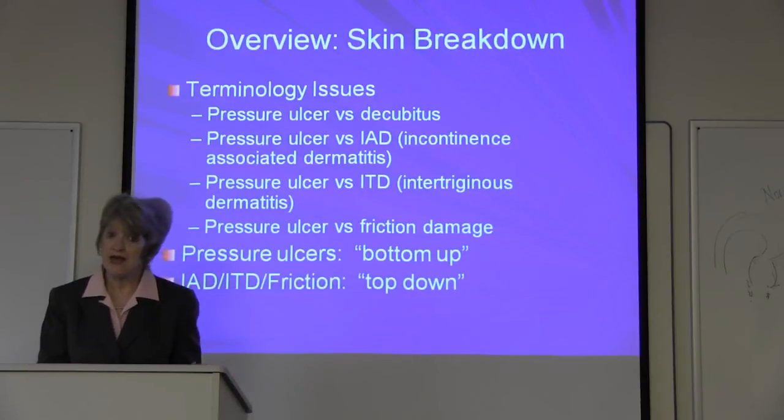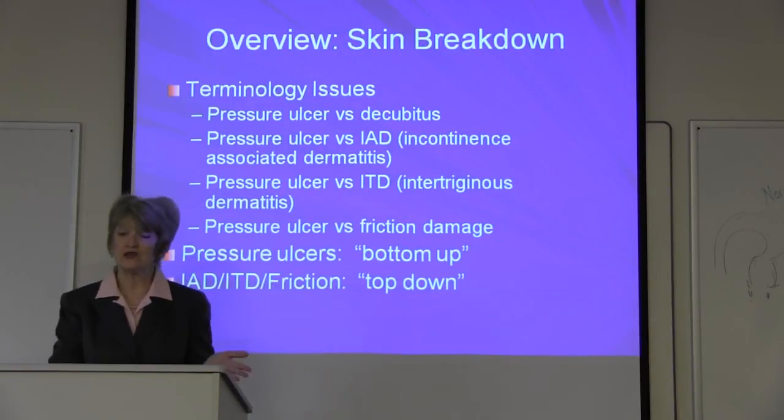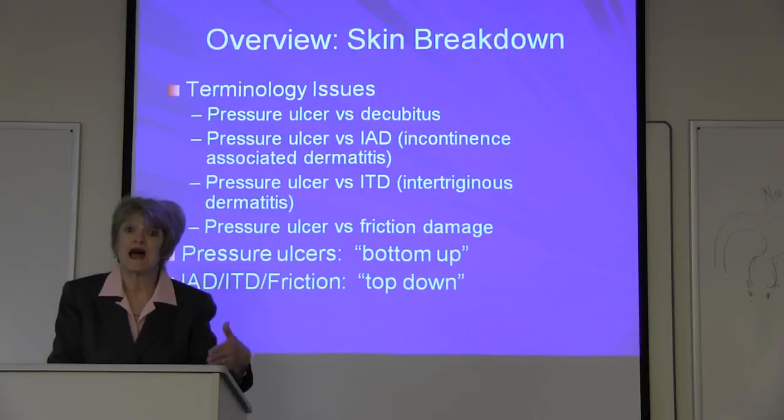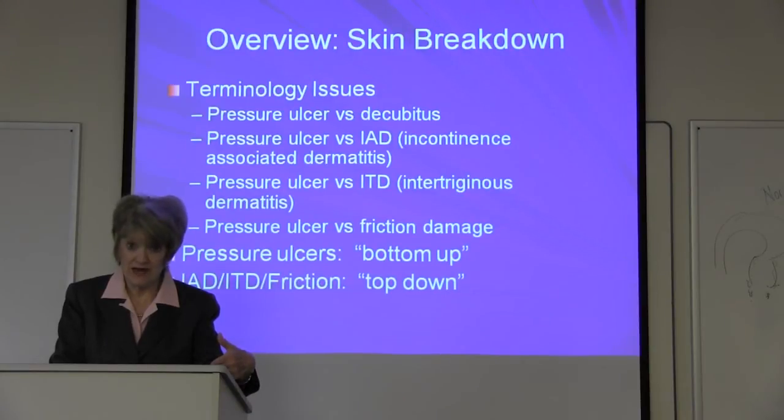So you know that in the past we called pressure ulcers decubitus ulcers. And you probably also know that that's no longer accepted terminology. The reason they used the term decubitus was because it meant lying down in Latin. And because most people who developed breakdown were bedbound and lying down. But of course it does not describe the pathology.